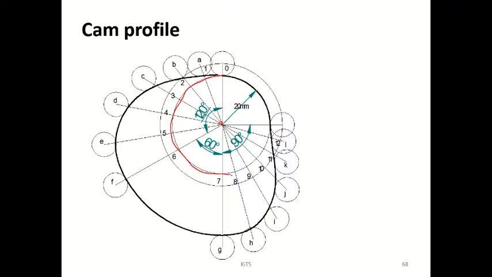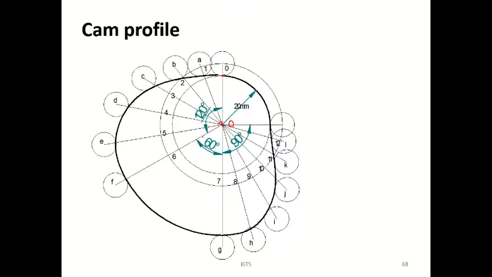After drawing this circle, draw a vertical line from this point O to 0. You draw the vertical line O to 0.